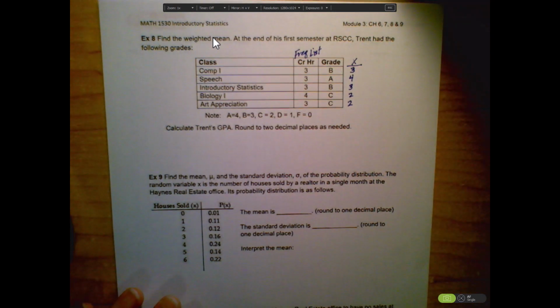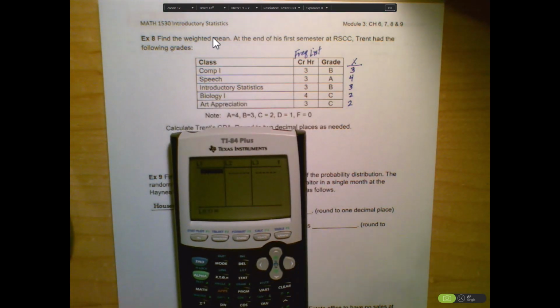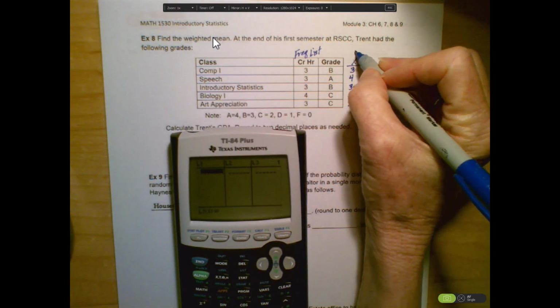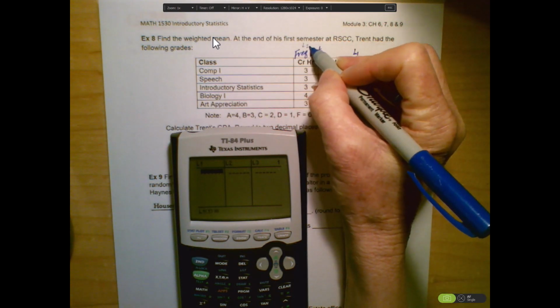Okay, so we're going to get in your TI-83/84 calculator and stat edit, and I'm going to get mine ready. Okay, hopefully you can see that. So I'm going to let list 1 be my random variable x and list 2 be my frequency list.